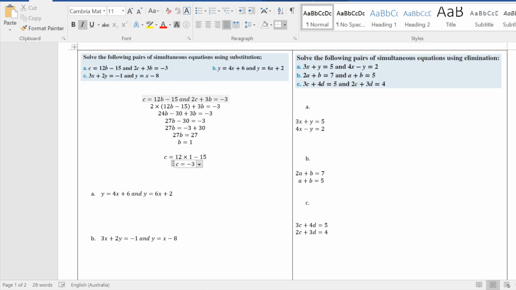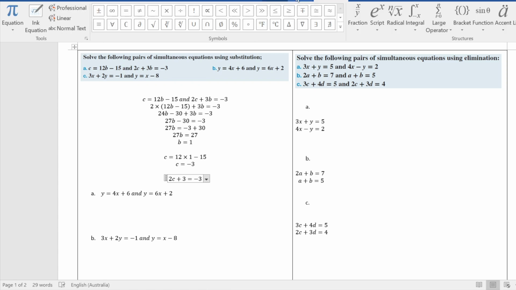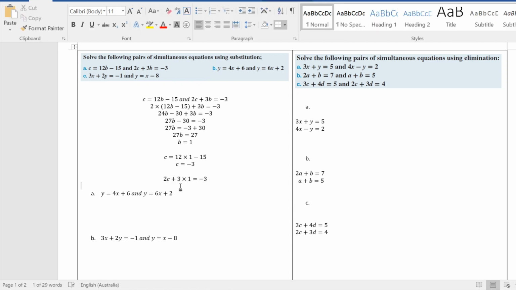Okay, let's see if that holds true. What I'm going to do is take this side over here and substitute our original b value of 1. Now, what we end up doing, we'll expand this one out first.